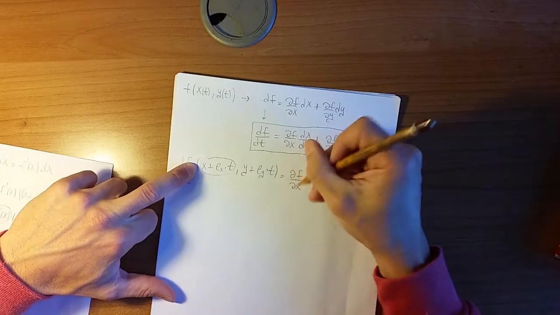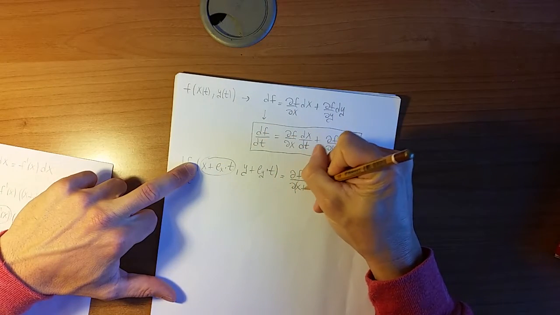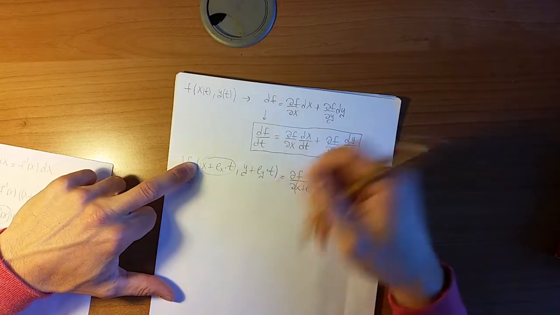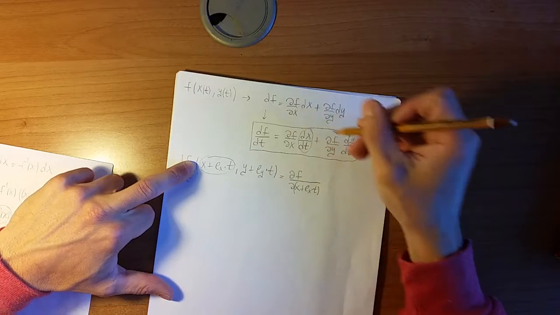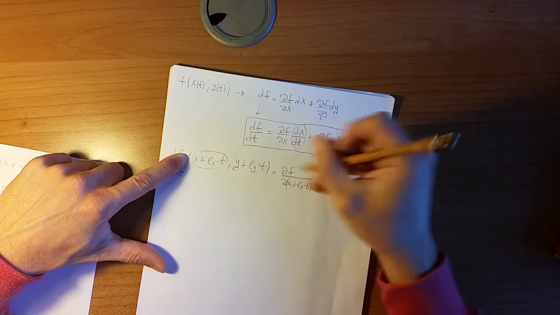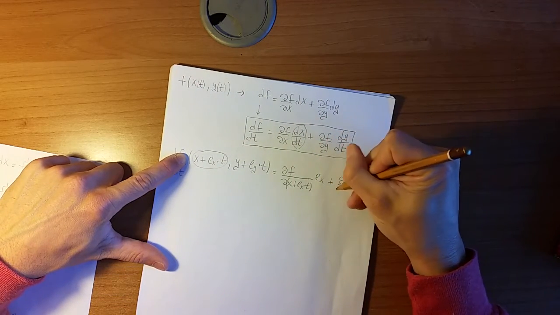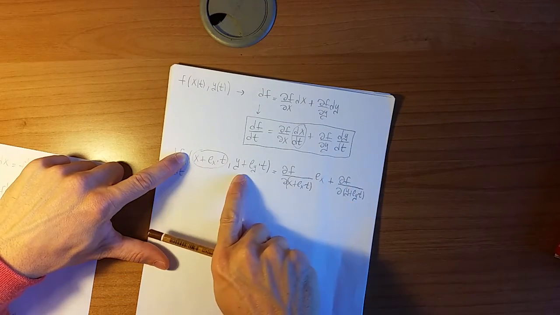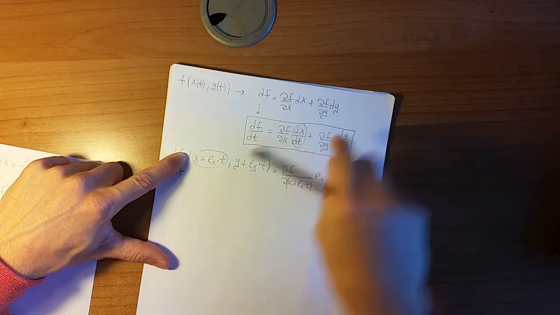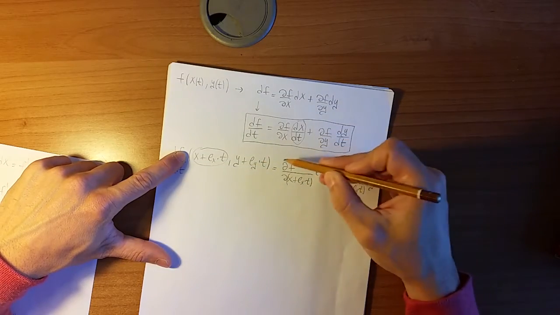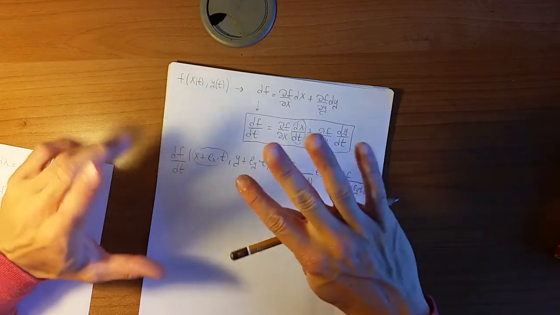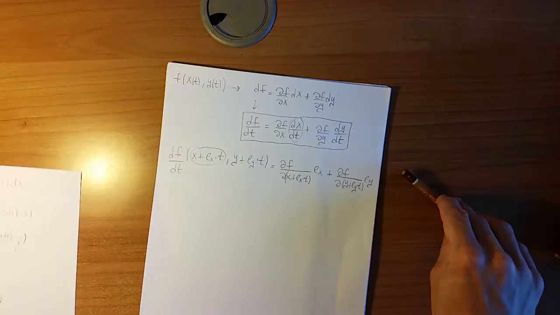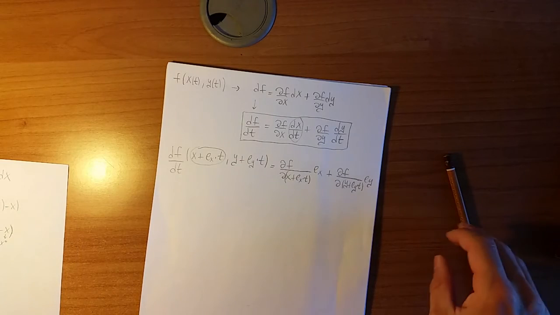It's x plus ex times t, so we should write down x plus ex times t, and then take the derivative of this argument here with respect to t, just like this thing is telling us. And the derivative of that is just ex plus df over dy at y plus ey times t, so that's the second argument, and then take the derivative of the second argument with respect to t, so that's ey. As the last step, then we had to set t equals 0, so that was something that had to be done in addition to this step here, but this is essentially what I wanted to convey in this lecture.